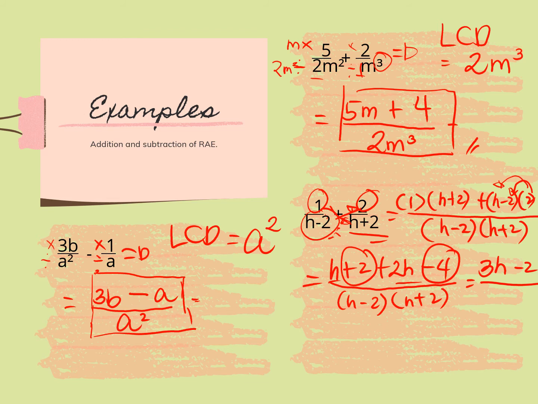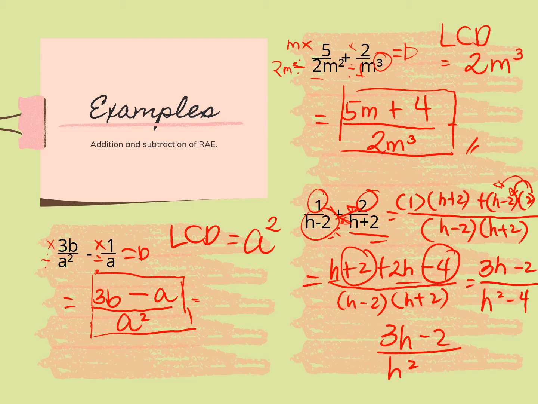All over. Kung mapapansin nyo, di ba, ito ay sum and difference of two numbers, which can also be expressed as the difference of two squares. So, that will be h squared minus 4. That will be our final answer.